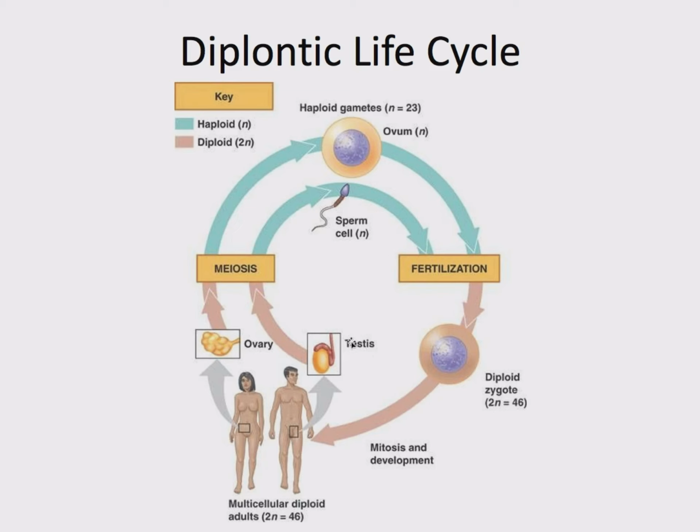We've got diploid cells, we've got haploid cells, but unlike plants, the only form that is multicellular is the diploid form. When we go haploid, it's only for egg or sperm. There are no multicellular haploid structures in an animal with a diplontic life cycle.